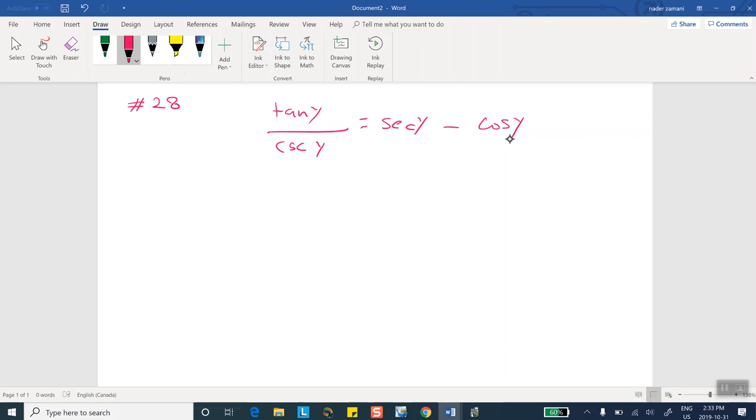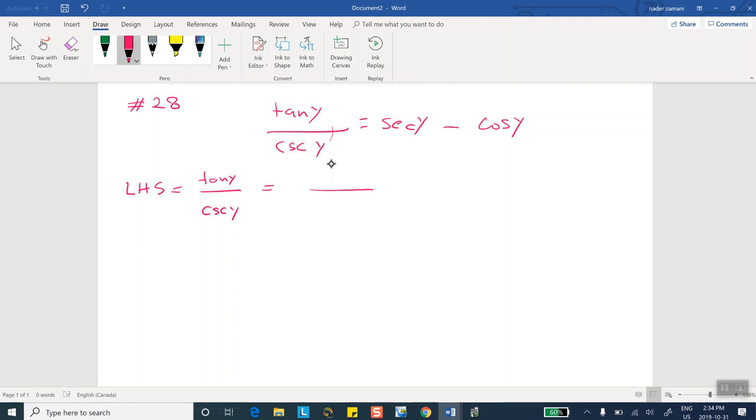And again, the choice is yours. You can go from left to right, or if possible, go from right to left. So I'm going to start with the left-hand side. I don't want you to get the impression you always start with the left-hand side. To me, this looks more complicated than that, so I start with that side. Tangent of y over cosecant of y.